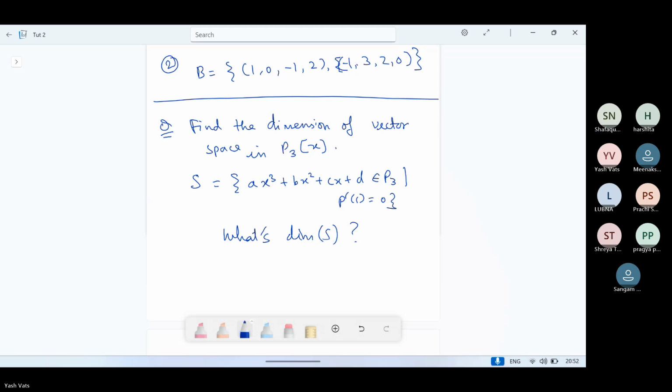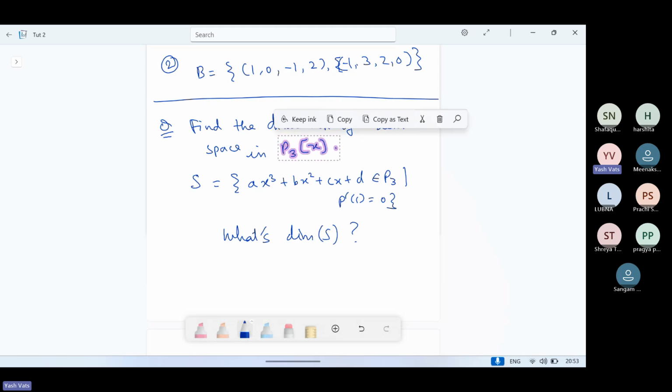So 2. Why 2? 2 is not correct. Sir, 4. No. Other than that, okay. So dimension, 3.